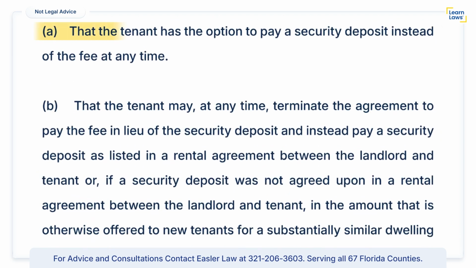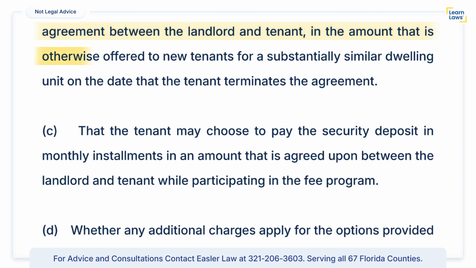A. That the tenant has the option to pay a security deposit instead of the fee at any time. B. That the tenant may, at any time, terminate the agreement to pay the fee in lieu of the security deposit and instead pay a security deposit as listed in a rental agreement between the landlord and tenant, or if a security deposit was not agreed upon in a rental agreement between the landlord and tenant, in the amount that is otherwise offered to new tenants for a substantially similar dwelling unit on the date that the tenant terminates the agreement.